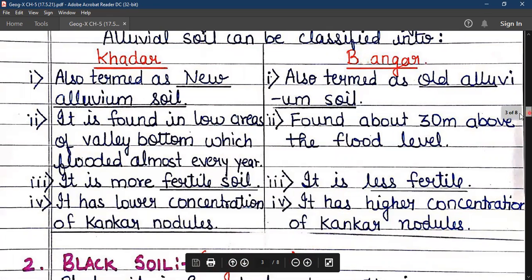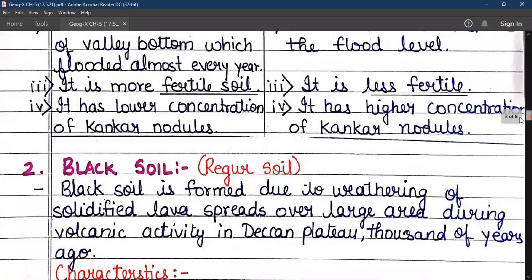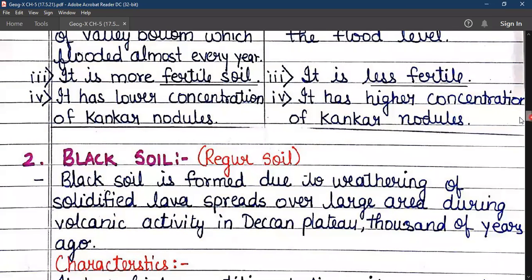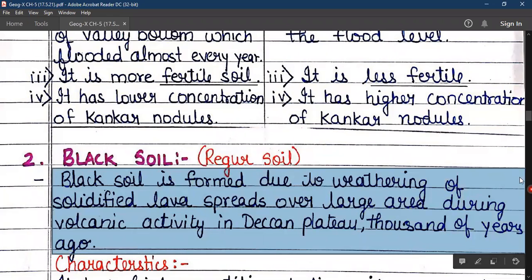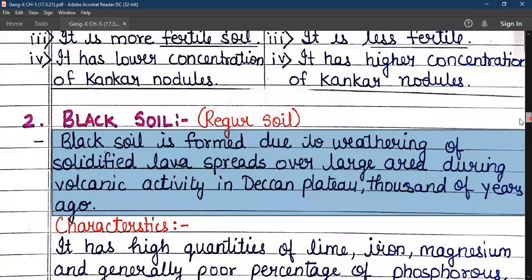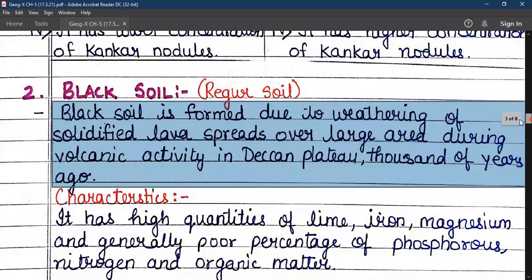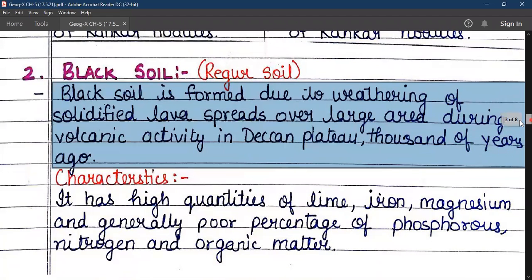Now coming to the next one, that is the black soil, which is also termed Regur soil. Students, black soil is formed due to weathering of solidified lava spread over a large area during volcanic activity in the Deccan Plateau thousands of years ago.